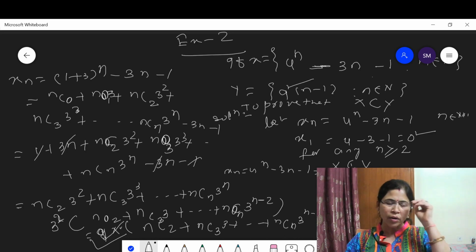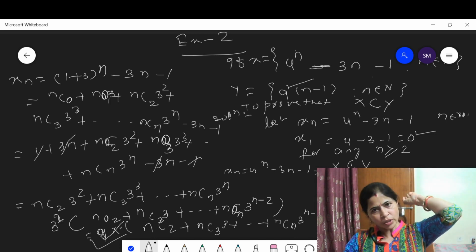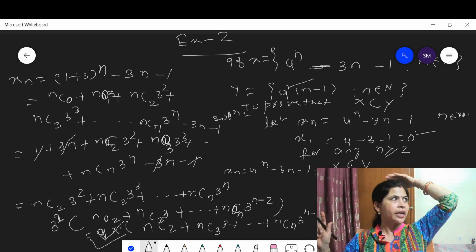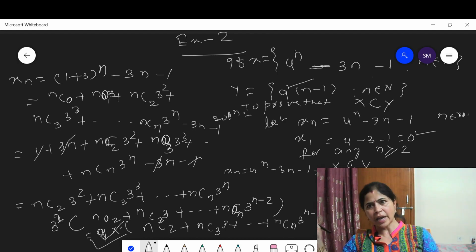Okay, now look at here. If you have any doubt, students, look at here. The question says that X is the set where X is equal to 4 to the power n minus 3n minus 1, and Y is equal to 9 into n minus 1, where n is any natural number. This means Y is the set of multiples of 9.